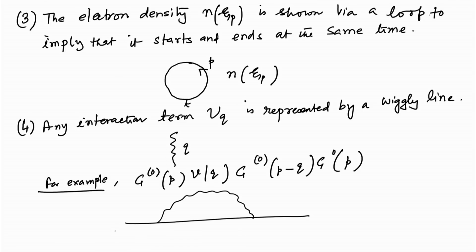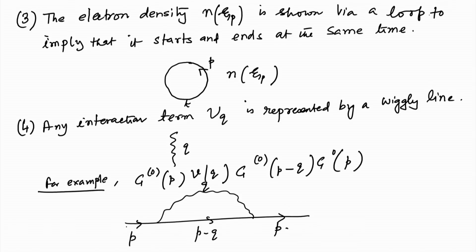We have not written the time information, but the time is actually t minus t 1 and t 1 minus t 2 etcetera. So, this is p, this is p minus q, and this is again p. So, an electron was coming with momentum p and it scatters off by a potential V of q which takes away a momentum q here. So, that is why the wiggly line is V q which carries a momentum.